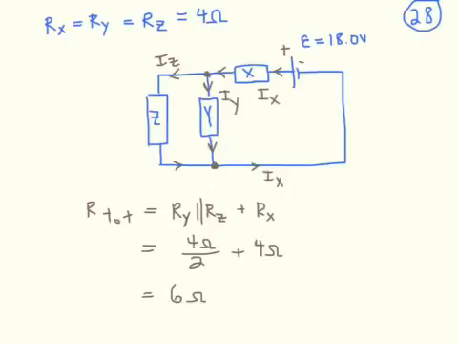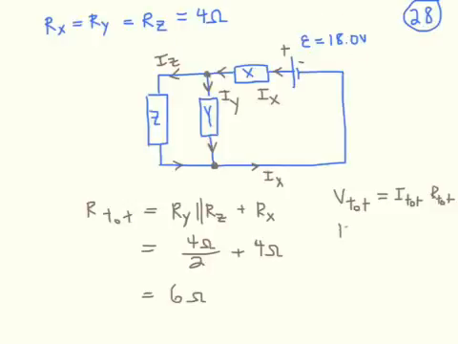Now that I know the total resistance, I can find the total current, which is really no different from Ix. The total potential difference dissipated by the circuit is equal to the total current times the total resistance. The total potential difference is equal to the total EMF. If you supply 18 volts to the circuit, then the circuit will dissipate all 18 volts.